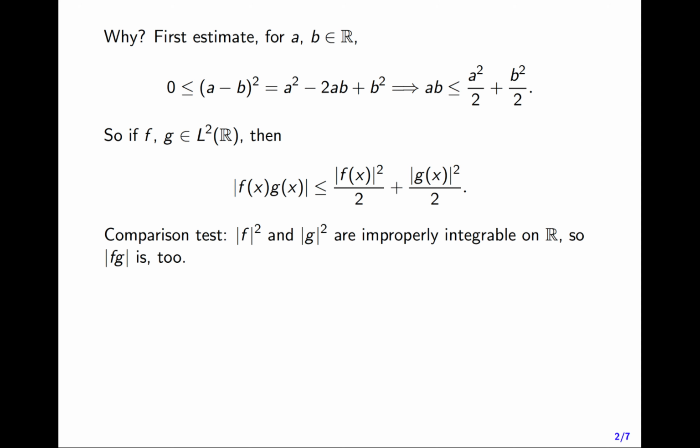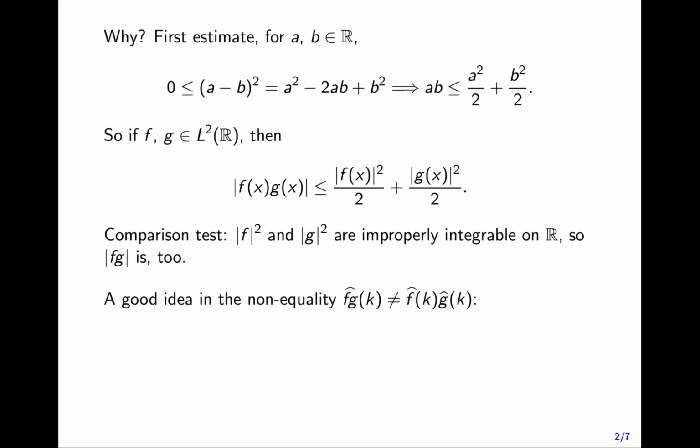Now let's use the comparison test. If I'm assuming that f and g are in L2, then modulus of f squared and modulus of g squared are improperly integrable on R. And so I've bounded modulus of f times g by modulus of f squared plus modulus of g squared over 2. So the comparison test tells me that the modulus of f times g is also improperly integrable on R, and that means that fg is in L1.